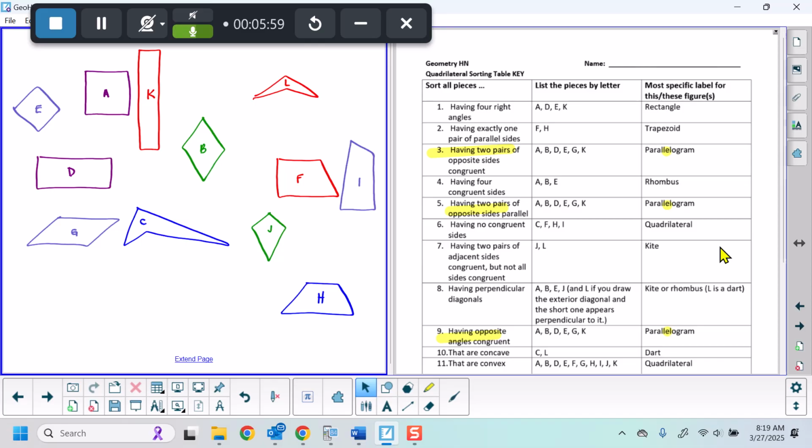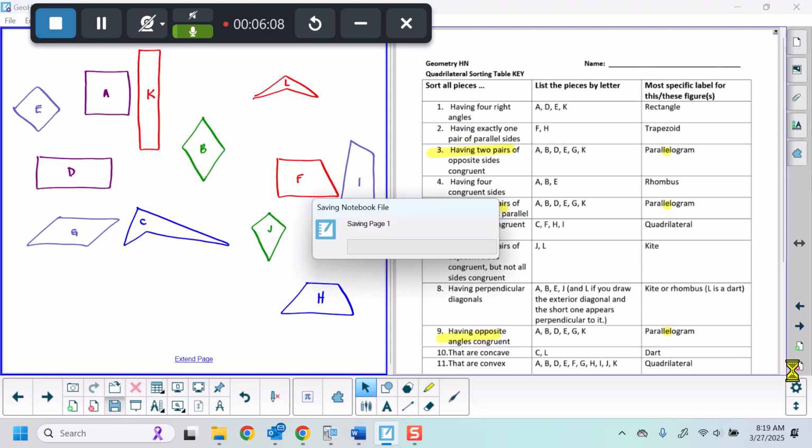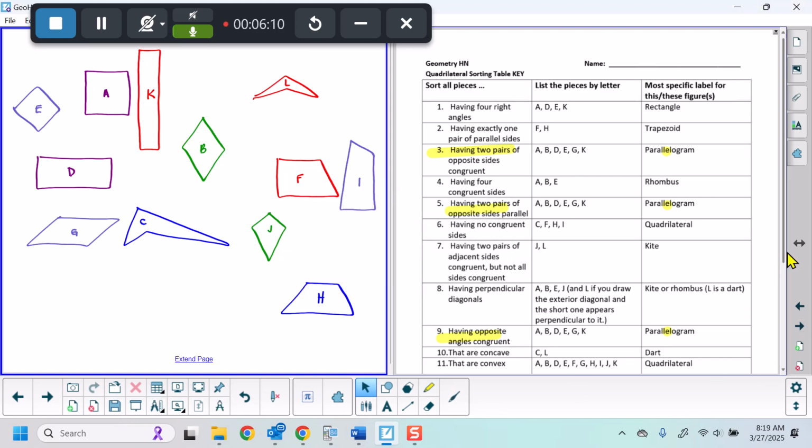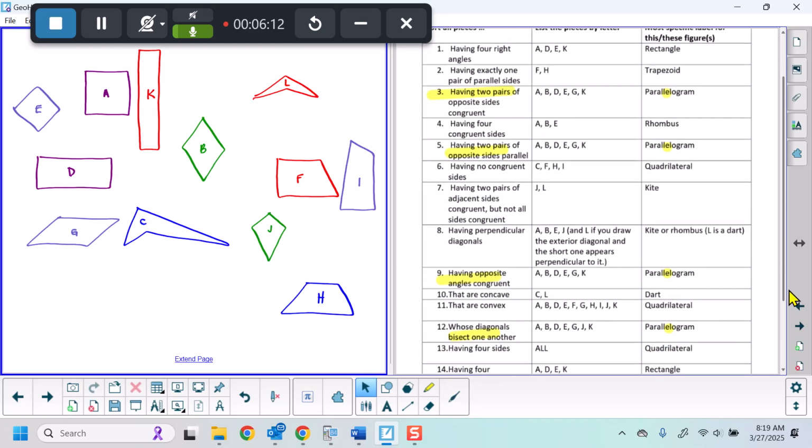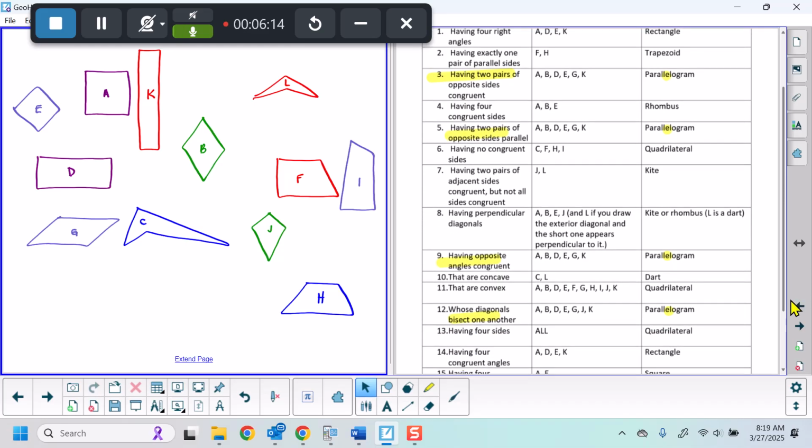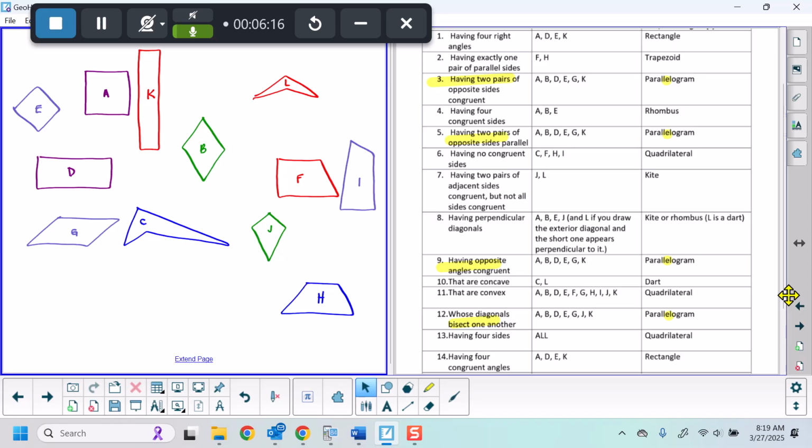And I don't know how far you and your partners got in your sorts, but it's important that you understand this conversation between all of these descriptions and recognizing what our most specific name is.